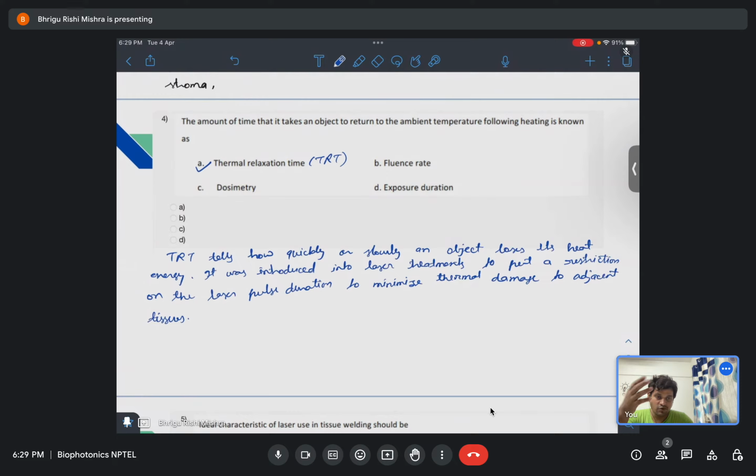Then again, if the exposure time is very high it can damage the tissue. So scientists fix this thermal relaxation time as the time in which they will expose the tissue with the laser beam, which avoids high thermal damage to the tissue.